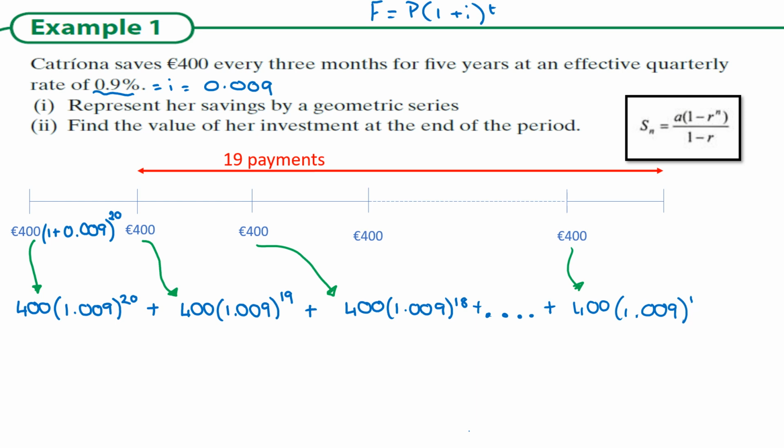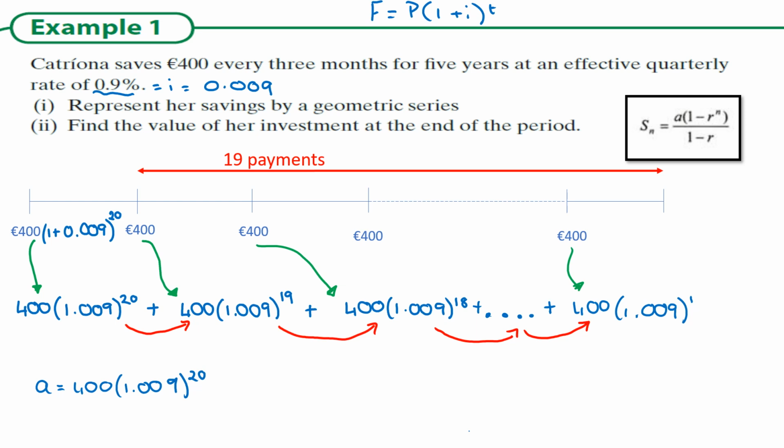So this is a geometric series where the first term A is 400 times 1.009 to the power of 20. And we need to understand r. So what do you multiply each time to get down to the next term?